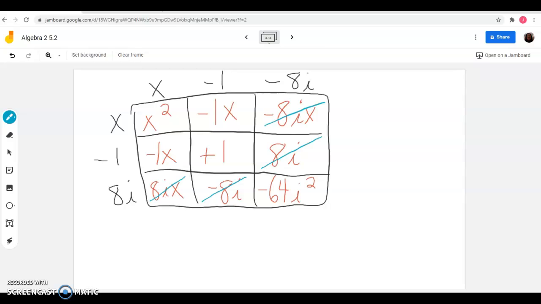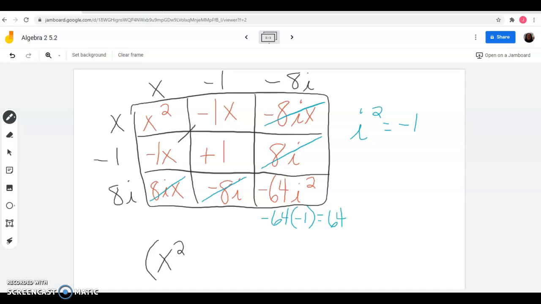All right, and then if you remember, i squared always equals -1. So this bottom corner box is going to be -64 times -1, which would make it a +64. So then when I write out my equation that comes out of this box, or these two multiplies, I'm going to have x squared first.